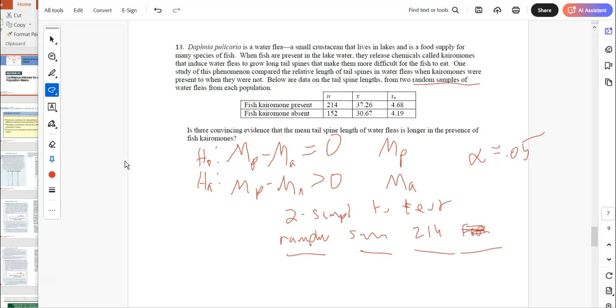And 214 is less than 10% of all water fleas with the pheromone present, and 152 is less than 10% of all the water fleas when the pheromone was absent.